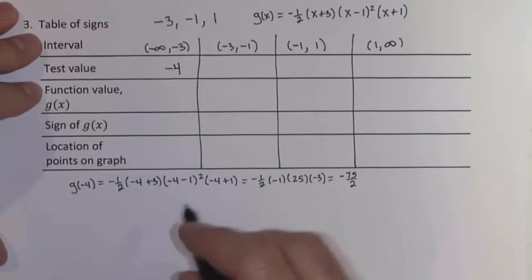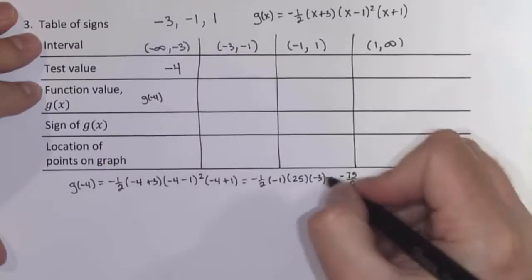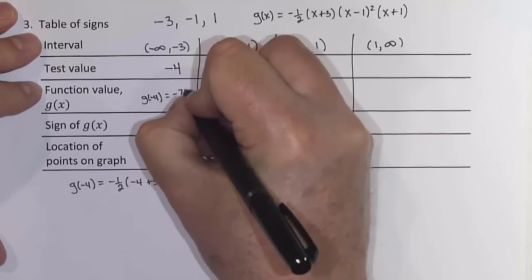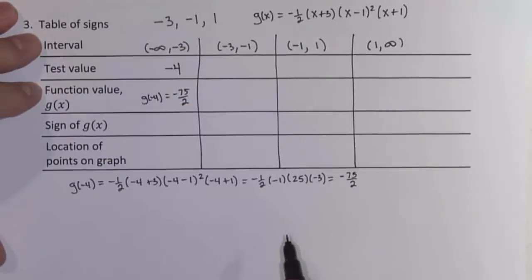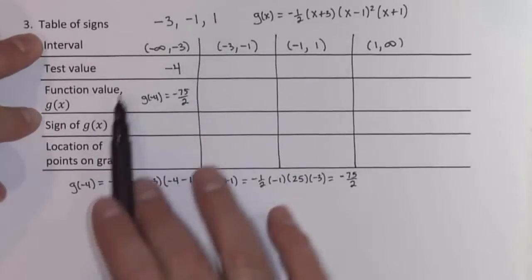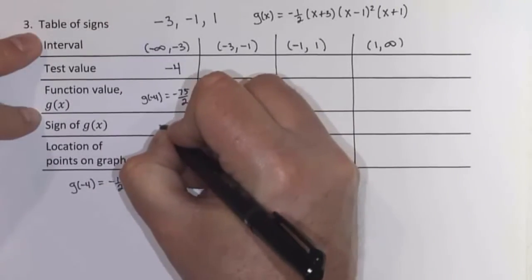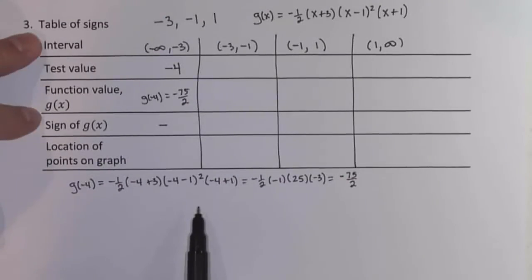So when we find g of -4, we get -75 halves. Now the truth is, the specific value doesn't really matter to us so much as the sign of the value. This gave us a negative value, okay?